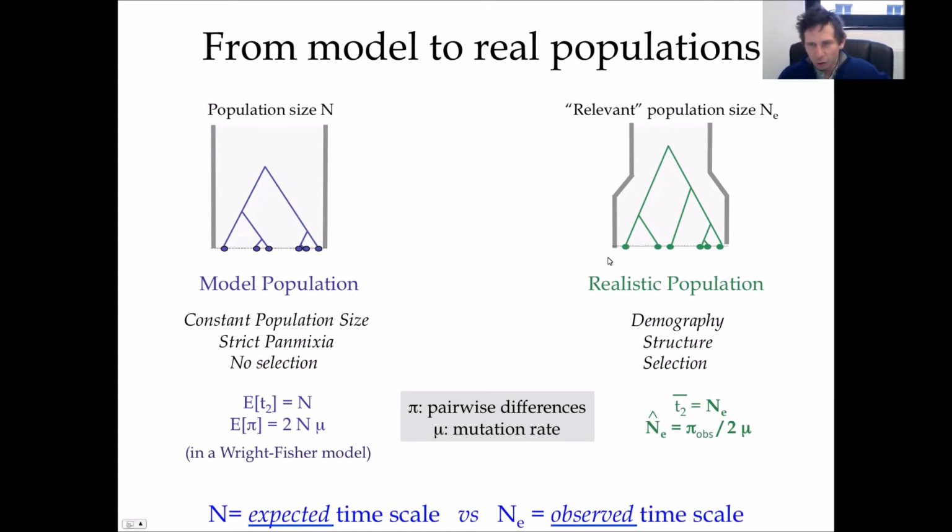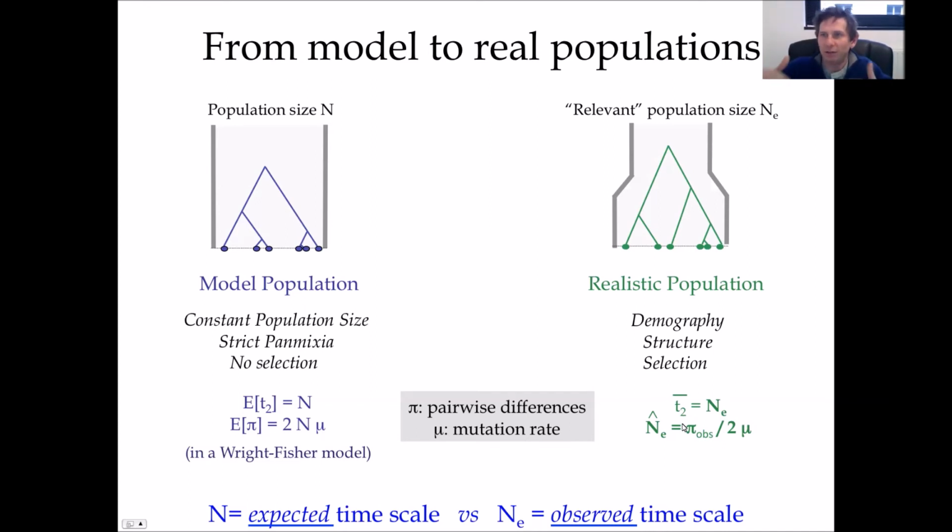Okay? So to do that, because we cannot count the effective population size, we can estimate the population size from the ancestry between the individuals. That is the time scale. How many generations do I have to go back in time to find an ancestor between two individuals? And we're going to call that effective population size. Okay? So here, to estimate the effective population size, we can simply retrieve the number of pairwise differences between individuals within a species and divide it by the mutation rate.